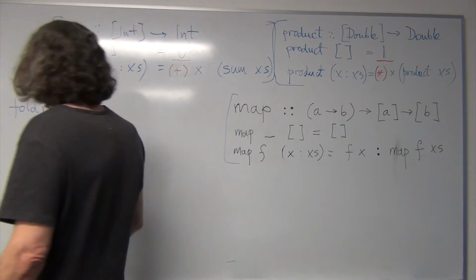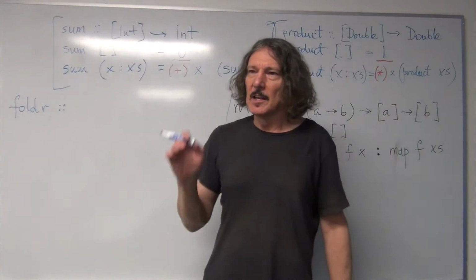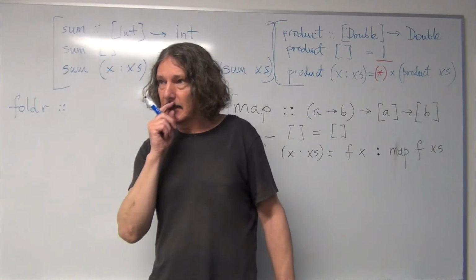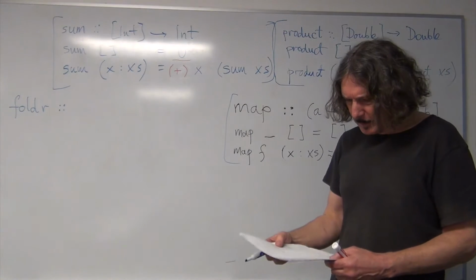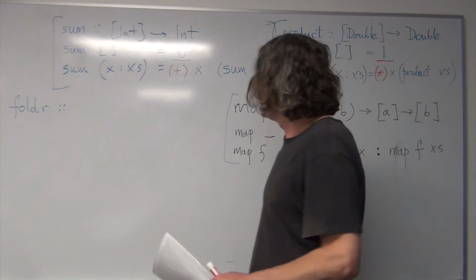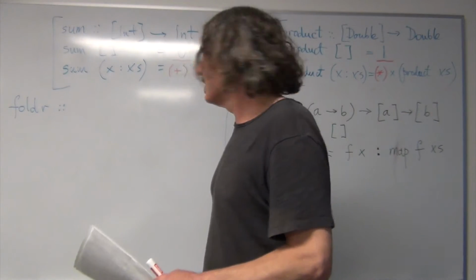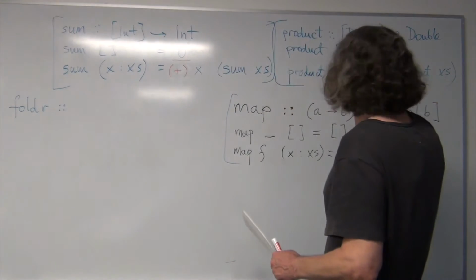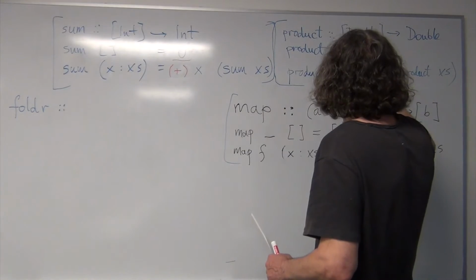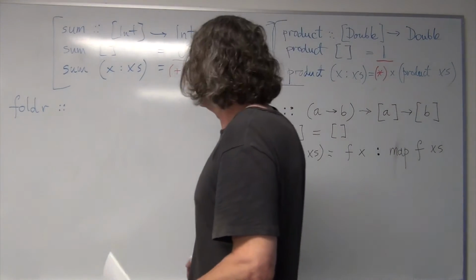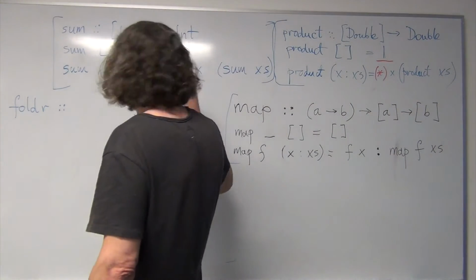So what arguments should it take? Okay, it will be folding a list of A's, right? So the first argument will be this function, right? Let's take this. So it's either a plus function or a times function. So it's a function, but it's a binary function.